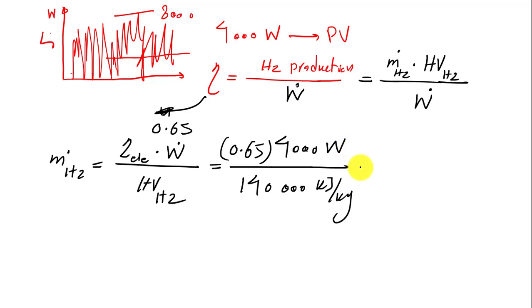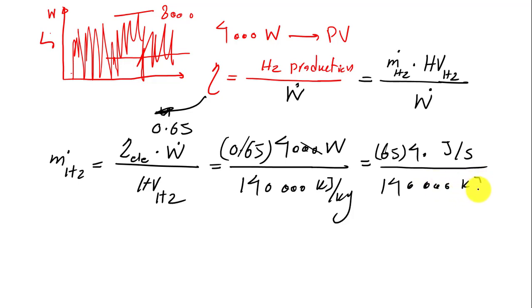Then here we need to do some simplification. So I just cancel this one with 2 of those. Then I will get 65 times 40. Instead of watt, I write joule per second. So this is 65 divided by 140,000 kilojoule per kilogram.